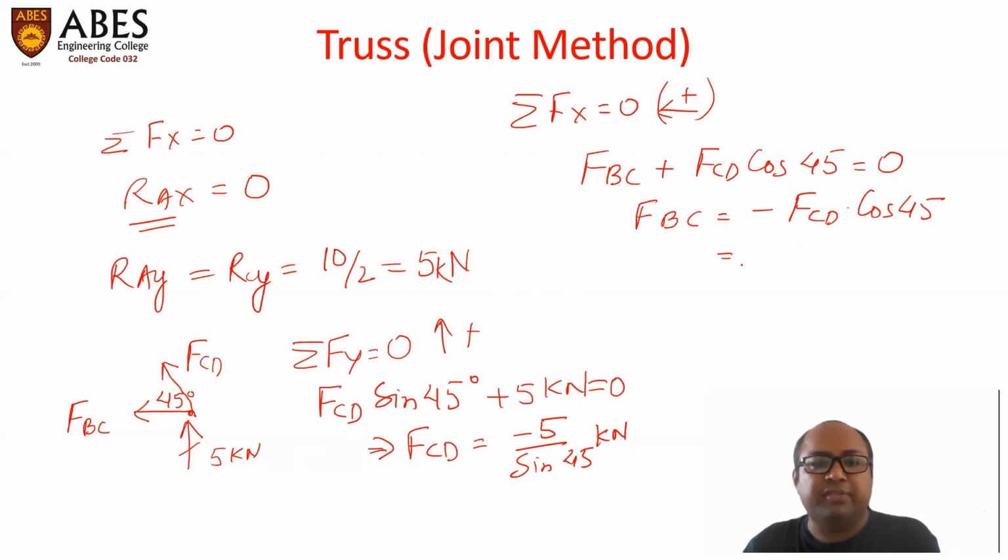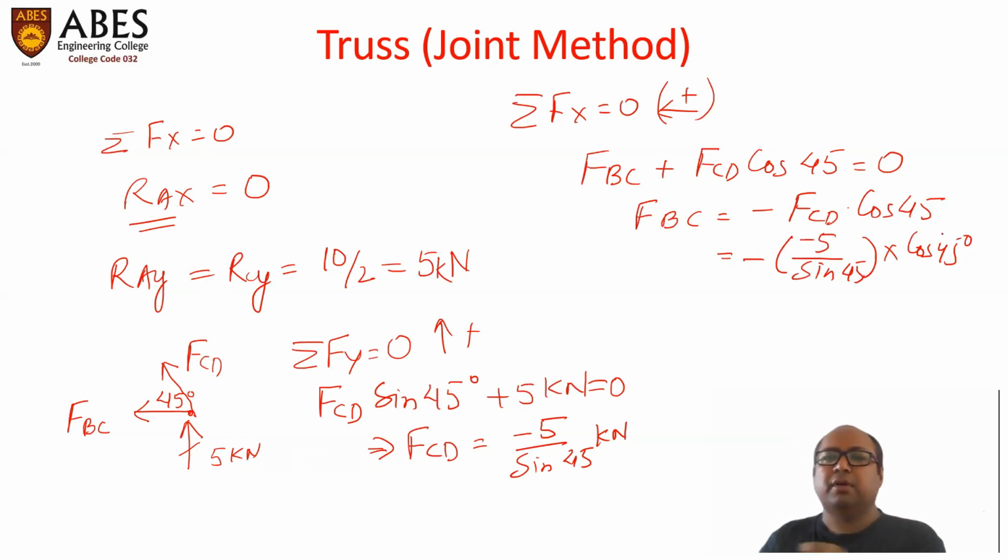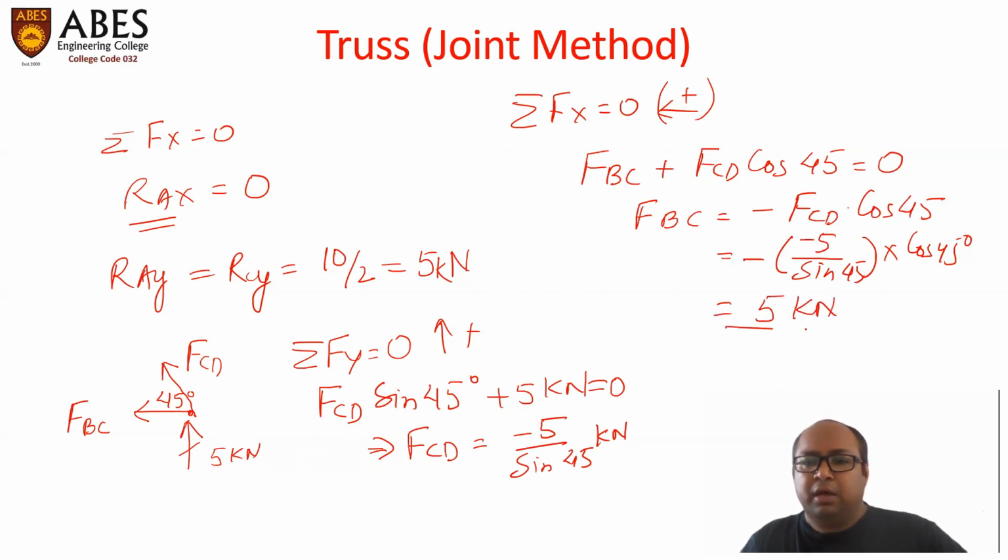What is the value of FCD that we can refer? It is minus of minus 5 divided by sine 45 multiplied by cos 45. What do you observe? We know that cos 45 and sine 45 have the same value, 1 by root 2, so they will become 1. And minus 5 into minus 5 will become 5. So what is the force in member BC? 5 kilonewton. The positive sign signifies that member BC is in a state of tension and is experiencing a tensile load.